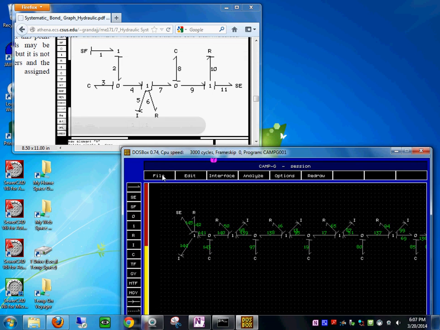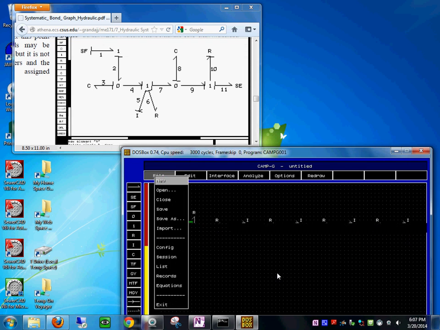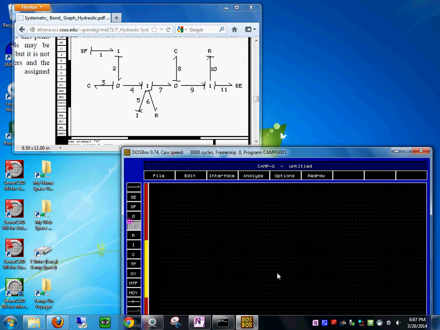This is a file. We're going to say this is new. I am going to enter this over here. So SF, and then we have a 1. And then there's a 0. And then we have this. Okay, so we have all those.